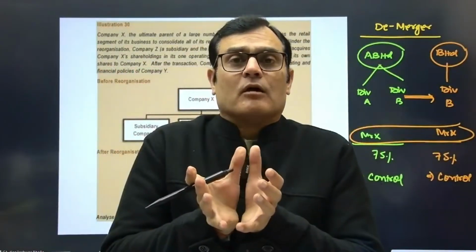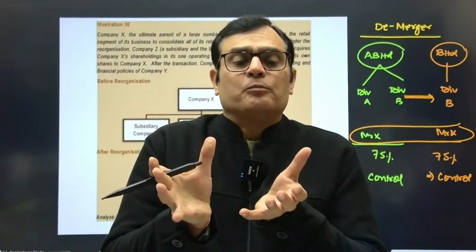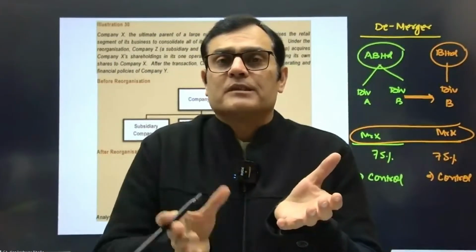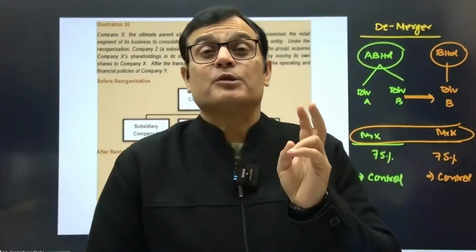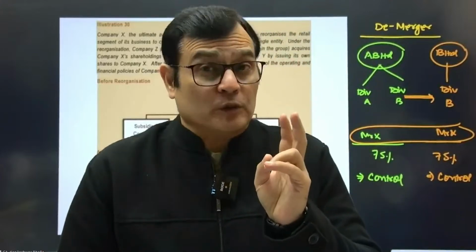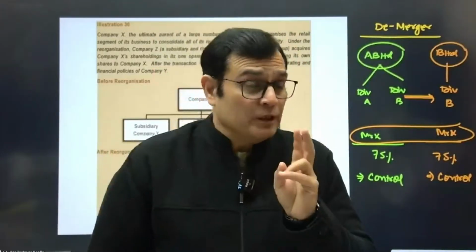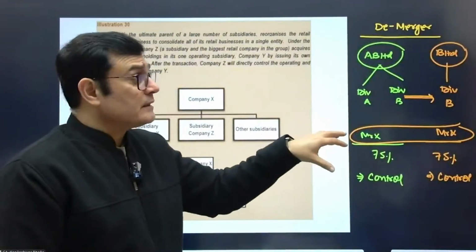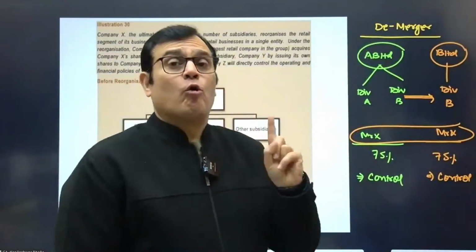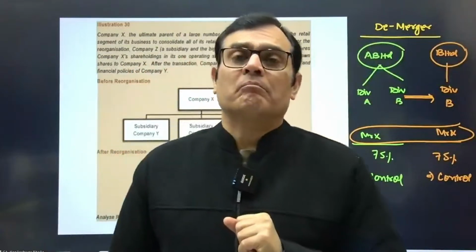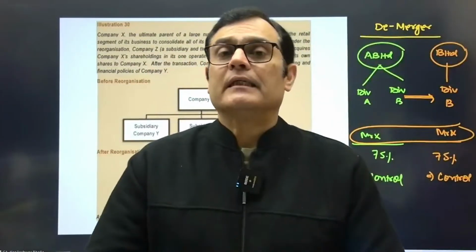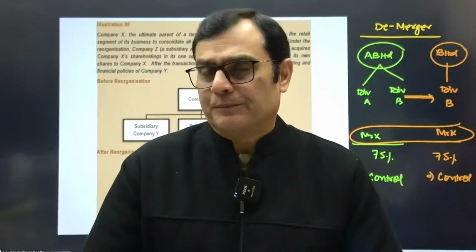So when you say a common control transaction, you need to prove that before the business combination and after the business combination, the same individual or the same group of shareholders, mind the words, must get a control over the company. In such a case, we will say it's a common control transaction.